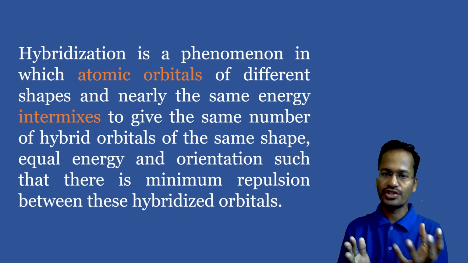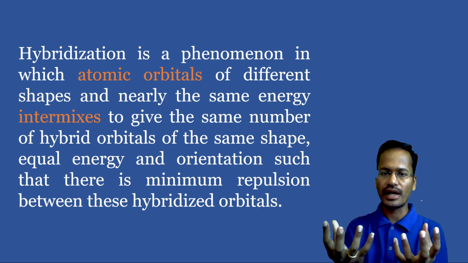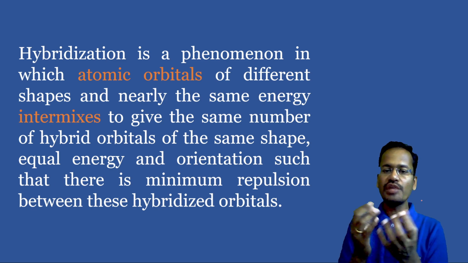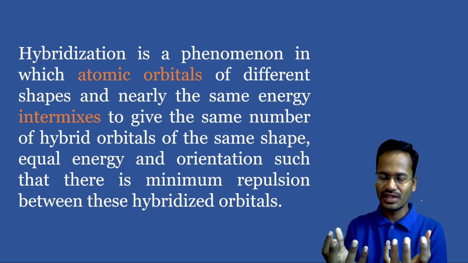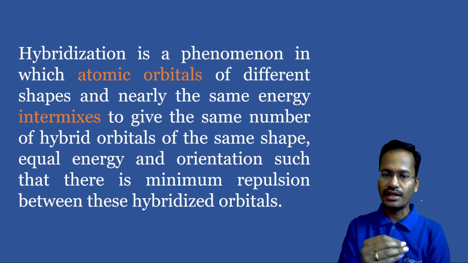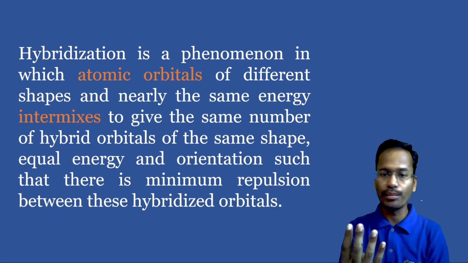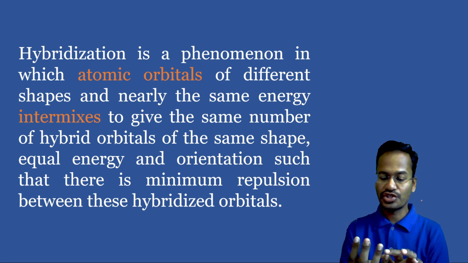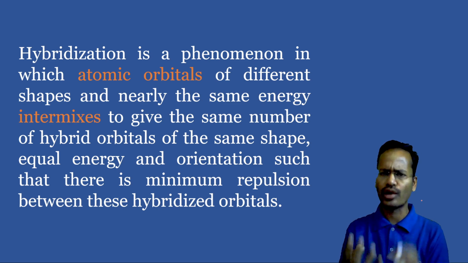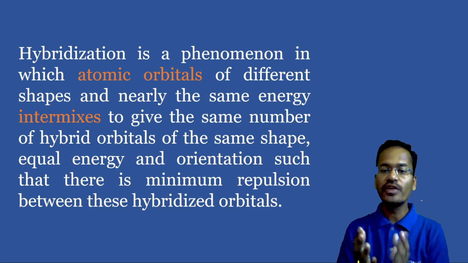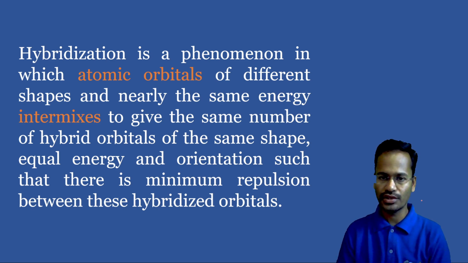Such different shaped, nearby energy level atomic orbitals will be mixed together to generate the same number of orbitals. For example, if four orbitals are mixing together, it will generate the same four. The number won't differ. But after hybridization, the shapes of all the orbitals will be the same and the energy levels will be the same.